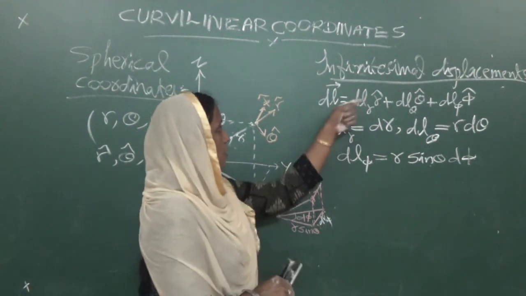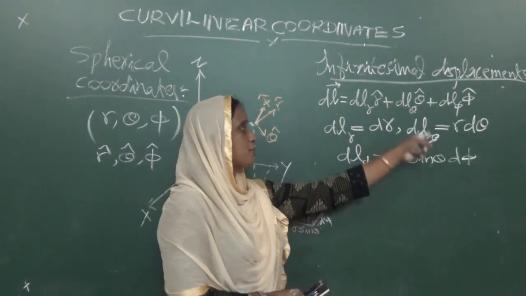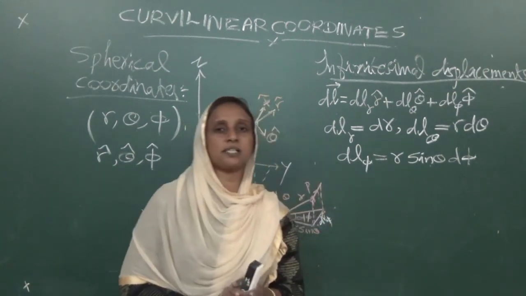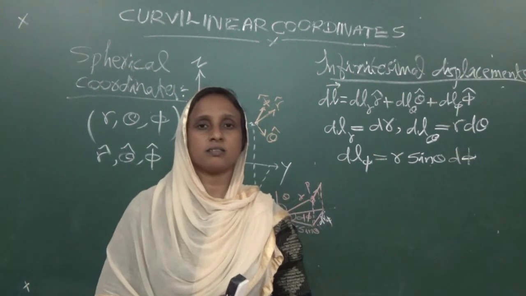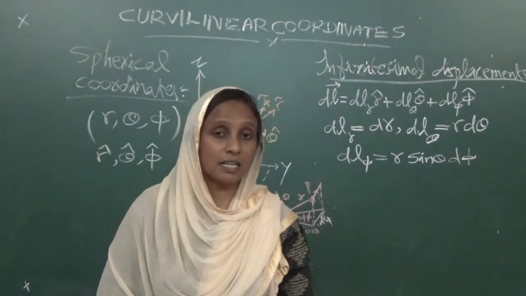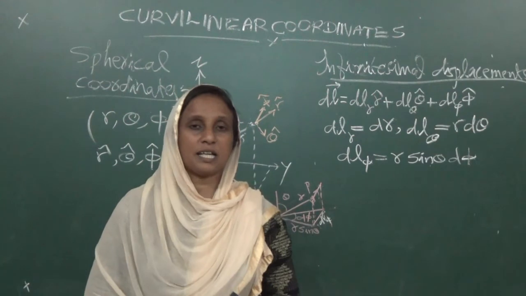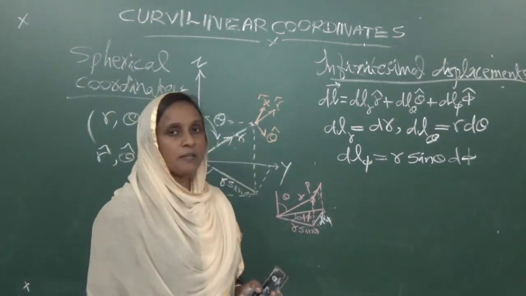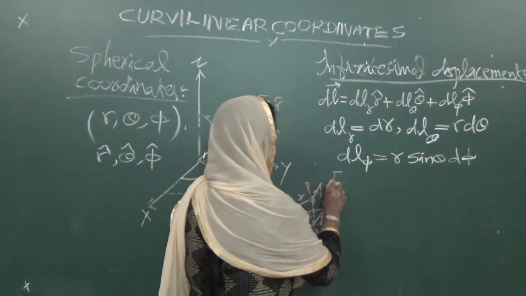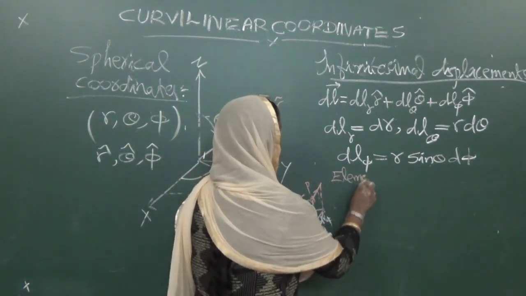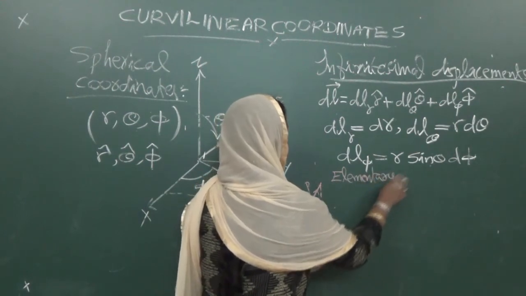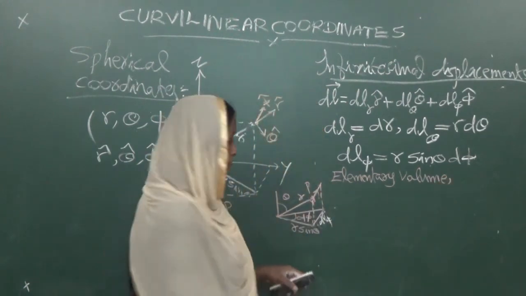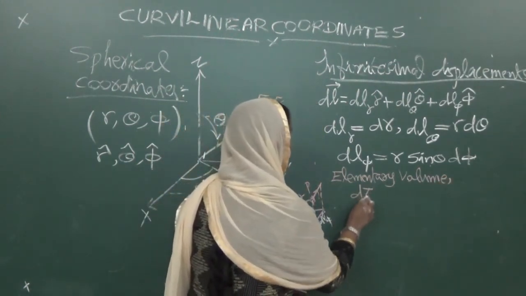These are the different infinitesimal displacement components. Using this, you can represent the displacement vector, the elementary areal component, elementary volume, etc. For example, the elementary volume d tau.